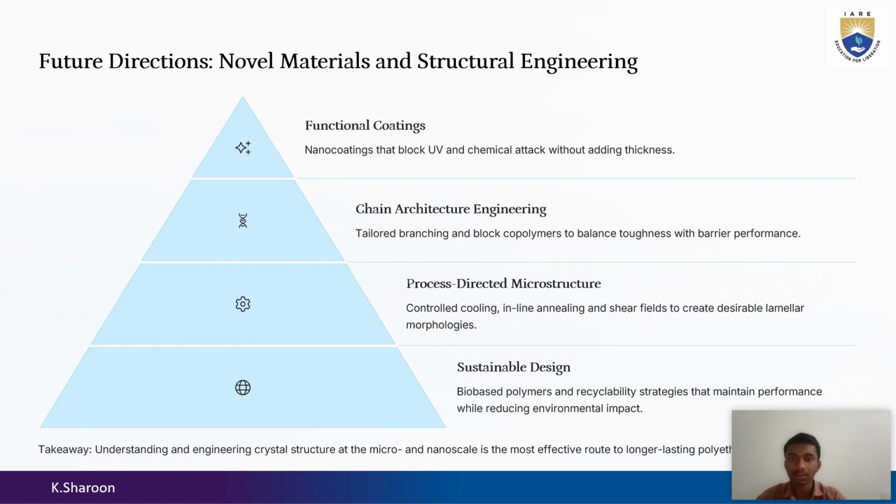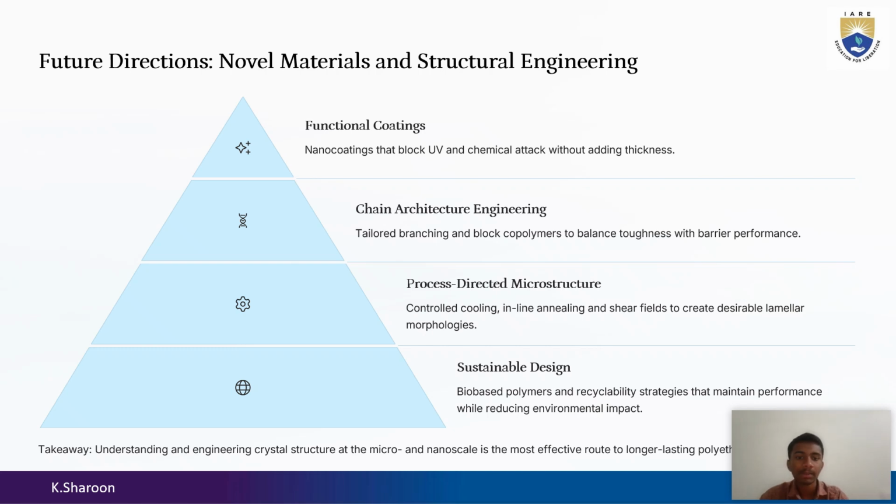Future directions: novel materials and structural engineering. Functional coatings: nanocoatings that block UV and chemical attack without adding thickness. Chain architecture engineering: tailor branching and block copolymers to balance toughness with barrier performance.